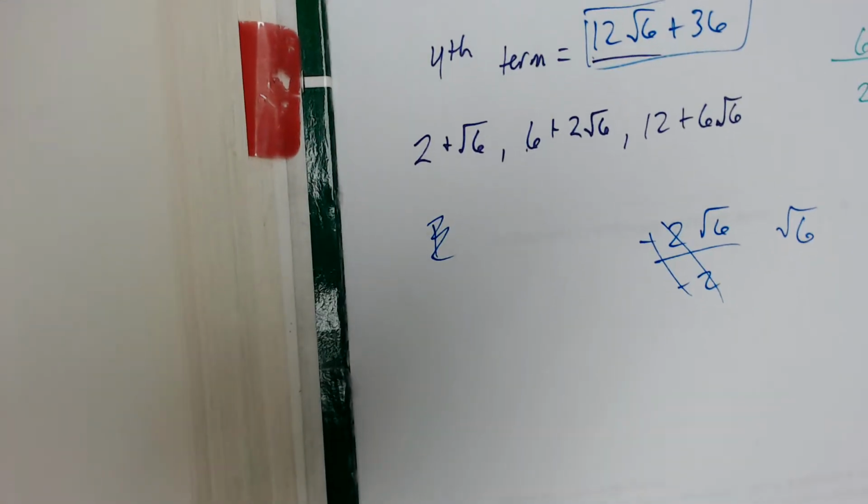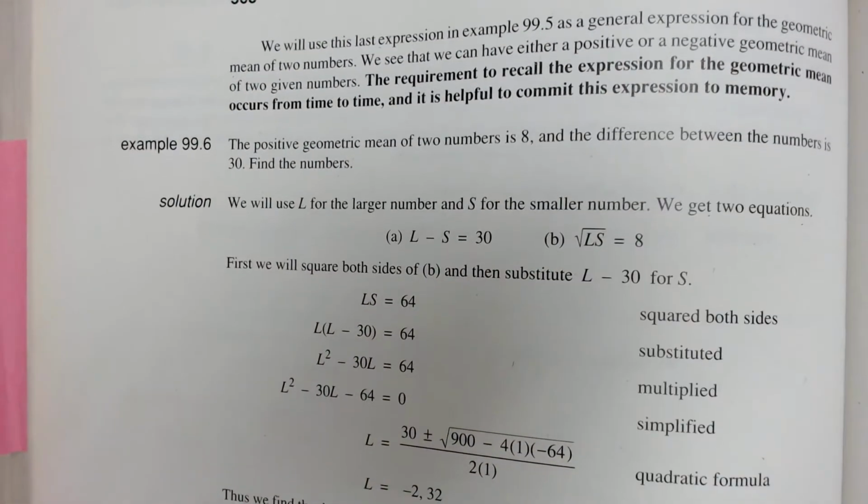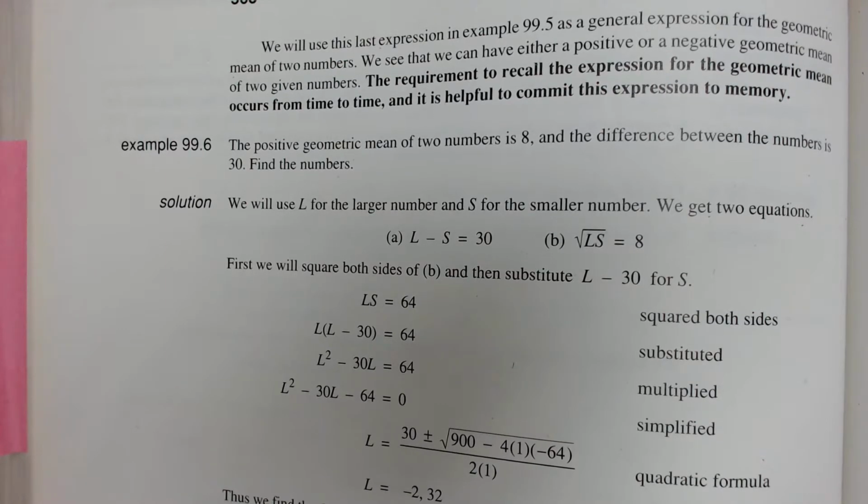The last thing that we'll talk about is the arithmetic and geometric means in a problem. So we'll look at example 99.6. They tell us the positive geometric mean of two numbers is 8. The difference between the numbers is 30, and we need to find the numbers. So what we have here is two numbers that are 30 units apart.